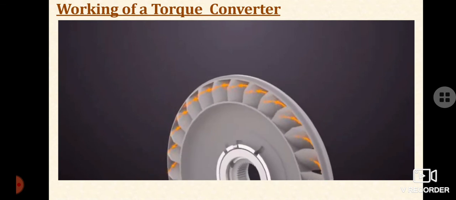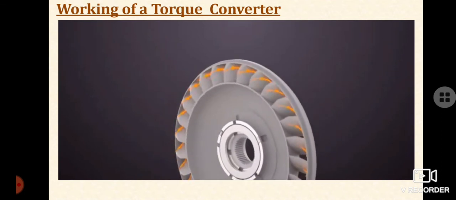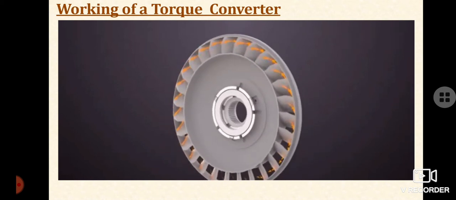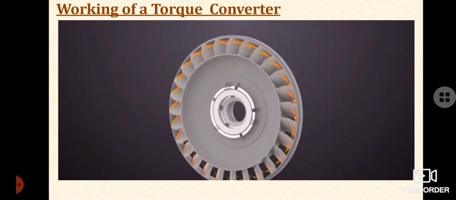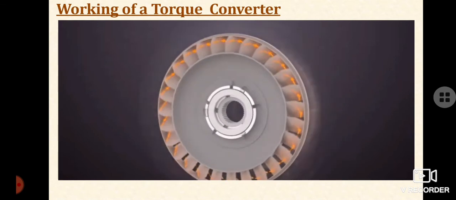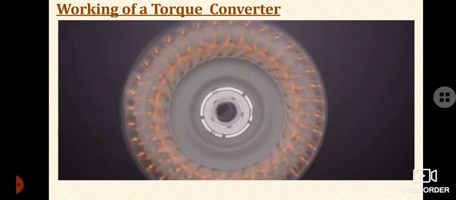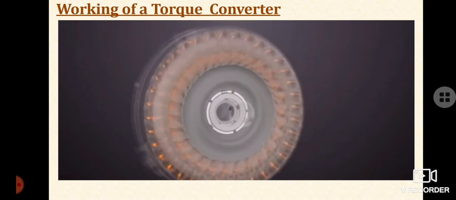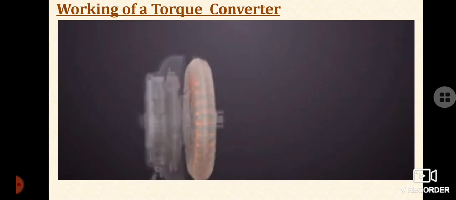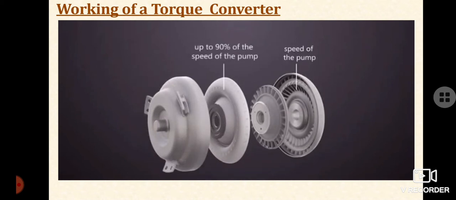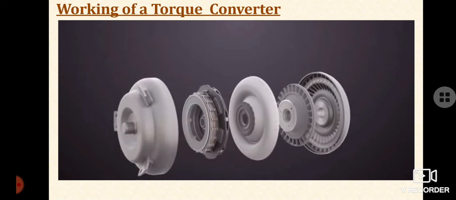During this condition, maximum multiplication of torque takes place. As the driver removes his foot from the brake pedal and presses the accelerator pedal, the impeller starts moving faster, and this sets the turbine moving. In this situation, there is a larger difference between pump and turbine speed. The impeller speed is much greater than the turbine speed.